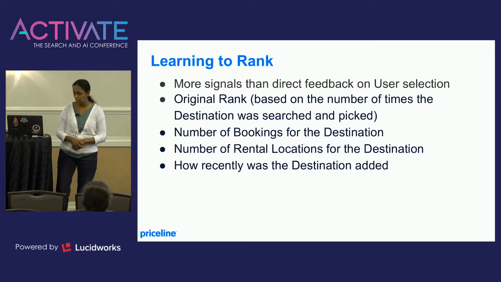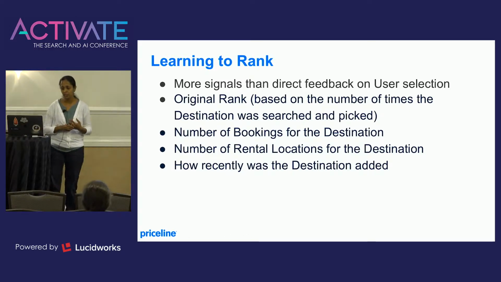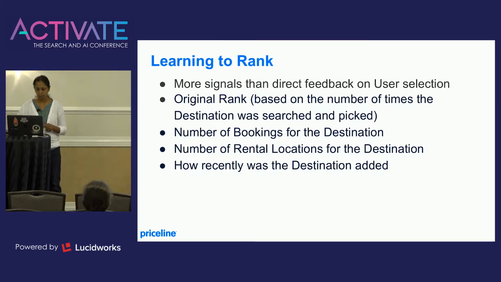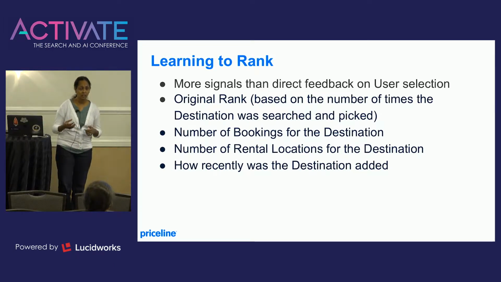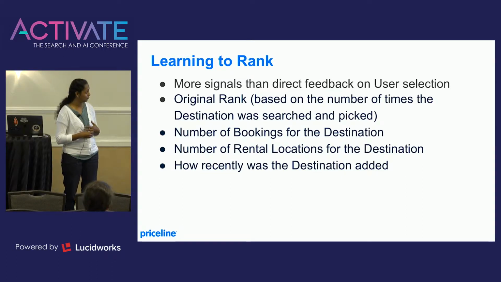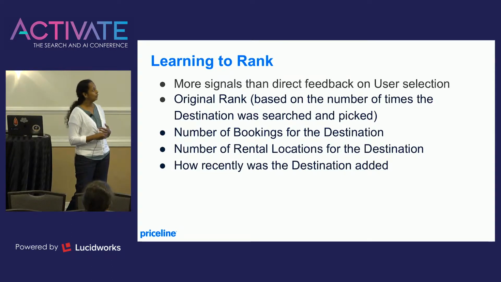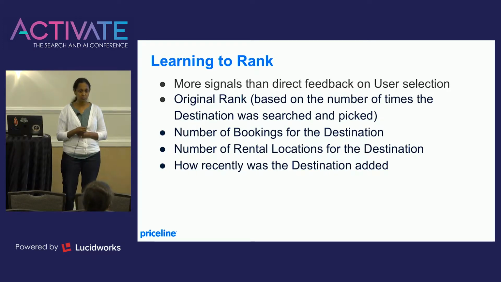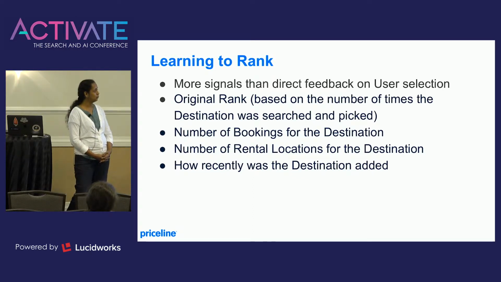These are some of the things we have added to the learning to rank piece, where it is taking care of more signals. This is still an experiment in process, because we find some challenges in terms of response times, since it's being rendered in the suggest. So it's still being tuned for response times.